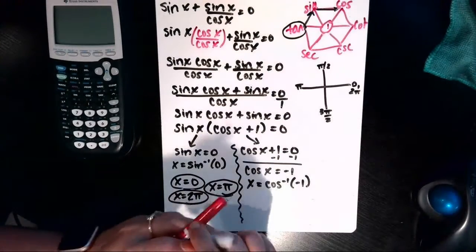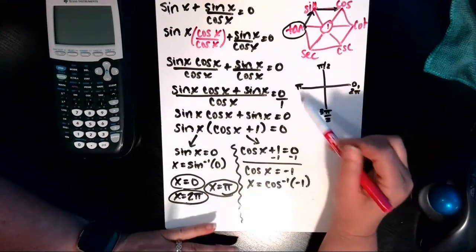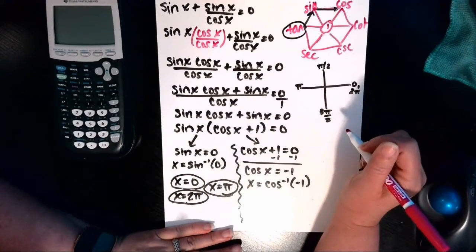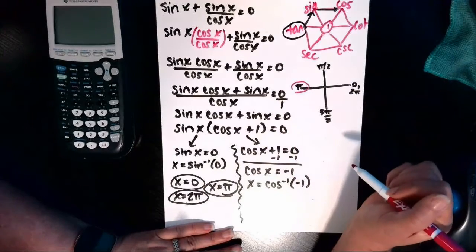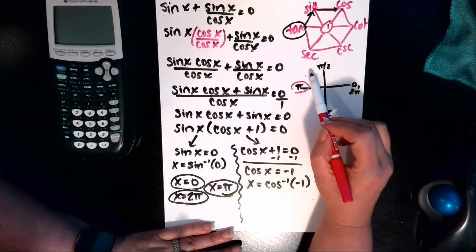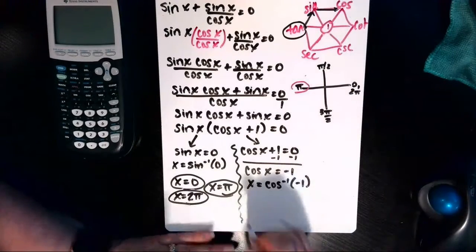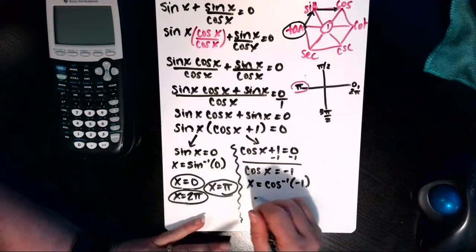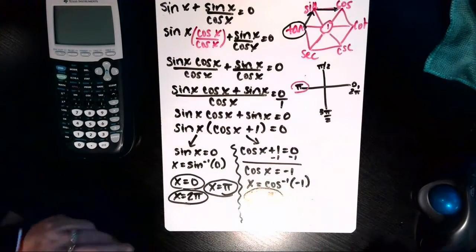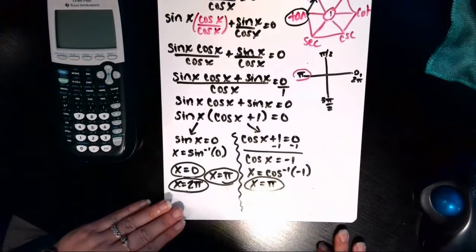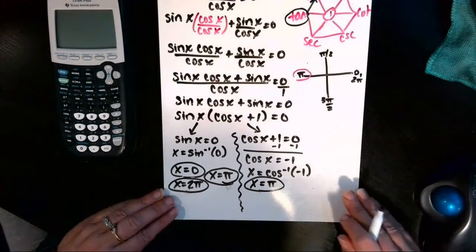And if we look back up here again at our quadrantal angles, the x coordinate is -1 only right here at pi. That's the point (-1, 0). And so x is equal to pi would be the only solution to that part of the equation.